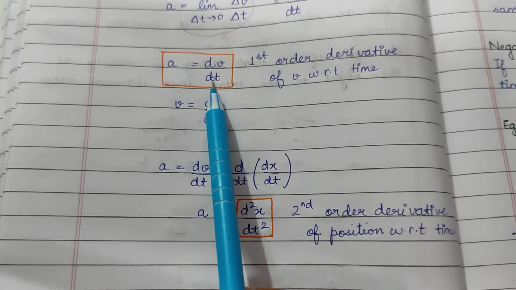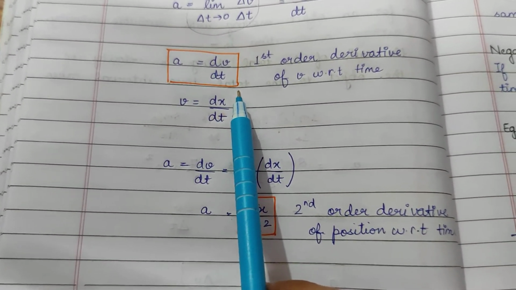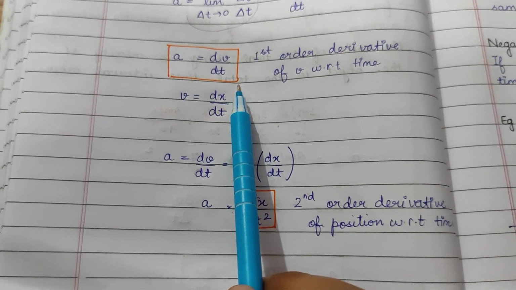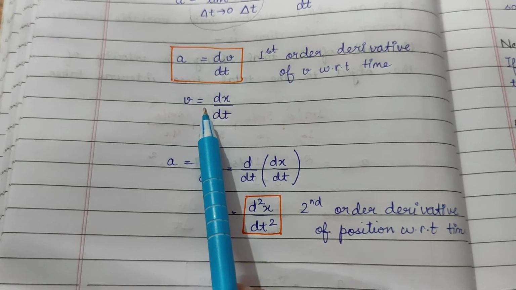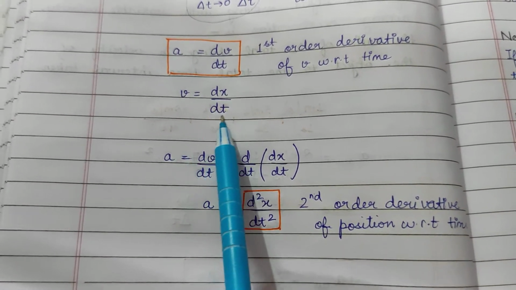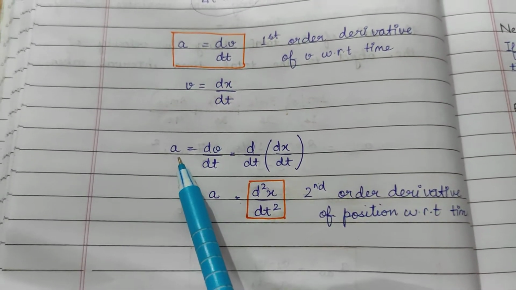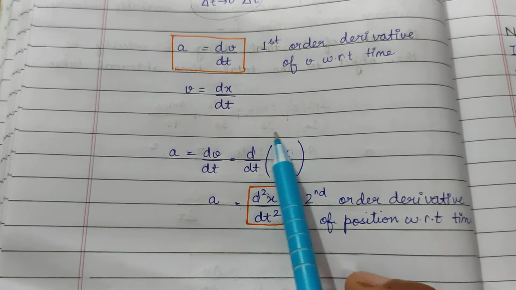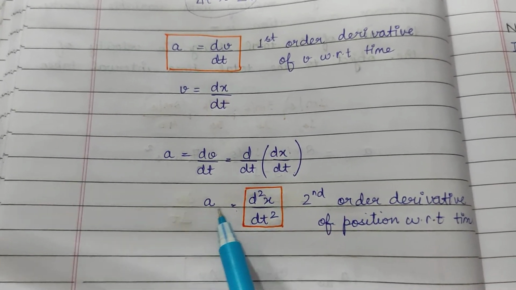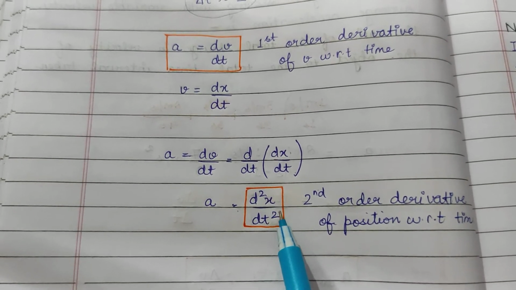Now this expression can be written in terms of the position of an object, as we know that velocity is equal to the rate of change of position with respect to time. So in place of v, we can write dx by dt, and this will become acceleration is equal to d2x by dt square.